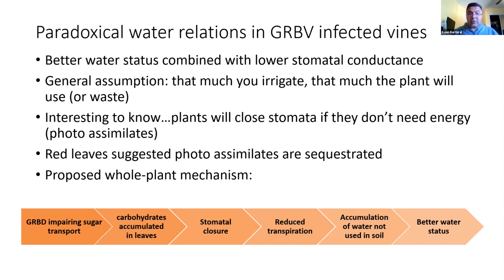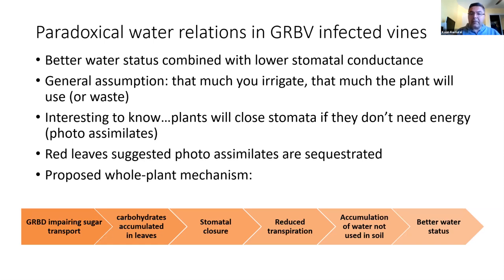Interestingly, plants will close the stomata if they do not need the energy. So there has to be a sink demand, or a photoassimilate demand, from somewhere for the plant to use this water. In red blotch infected plants, we have red leaves, right? So this suggests that photoassimilates are sequestered by the plant, but they're stuck in the leaves.